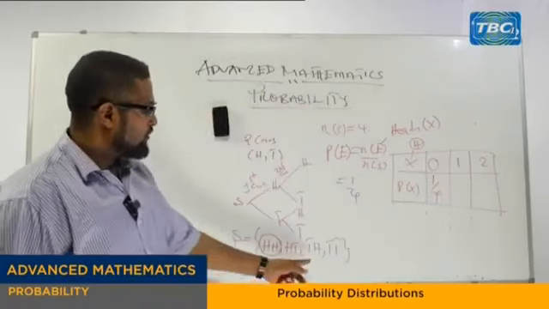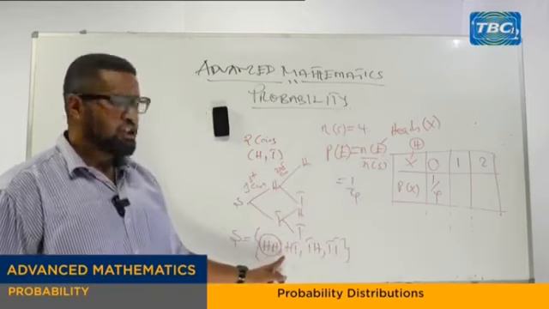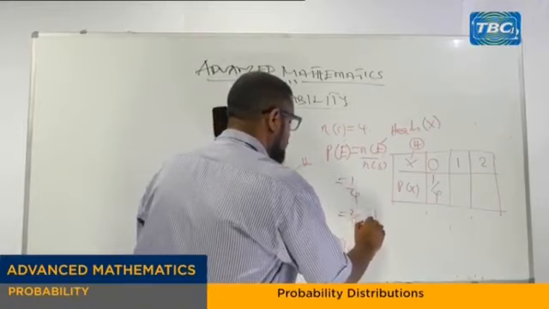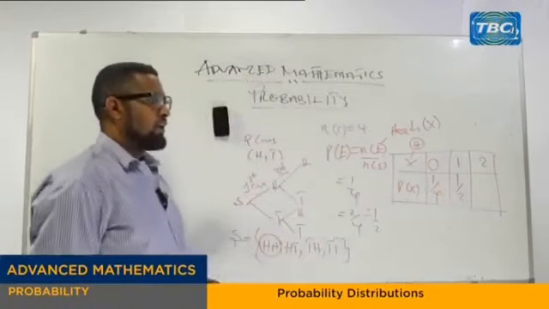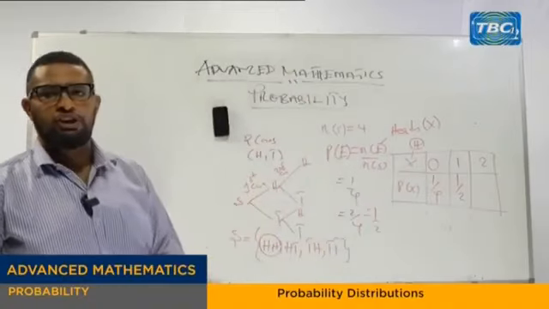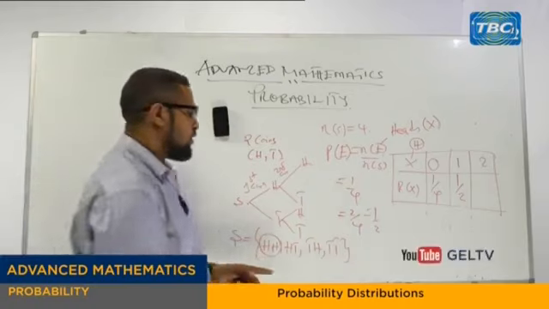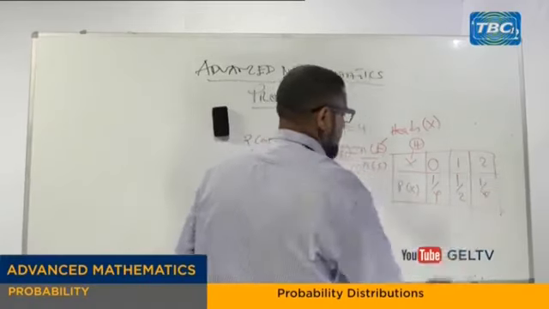Again, for one H, we have 2 outcomes. So it will be 2 over 4, which is 1 over 2. And lastly, where do we have 2 H? We have only one outcome, which is this one. So it is 1 over 4. So right there, 1 over 4.